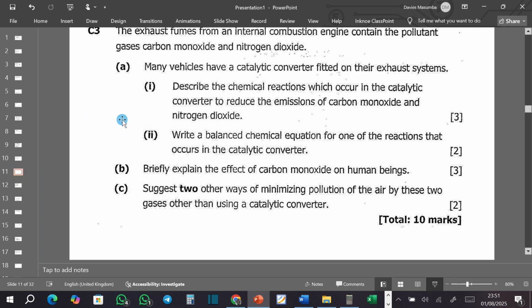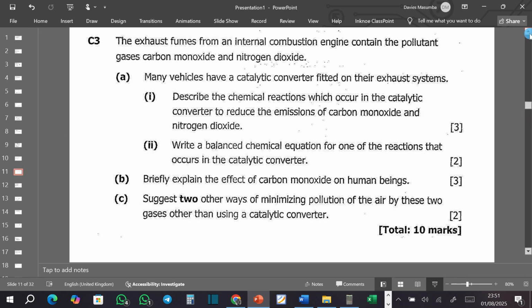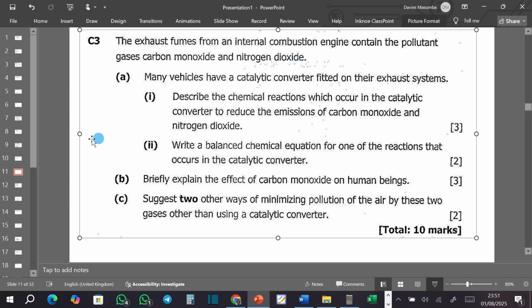Then we go to another question, which is C3. The exhaust fumes from an internal combustion engine contain the pollutant gases carbon monoxide and nitrogen dioxide. Okay, so this question, usually like these, we don't teach them.